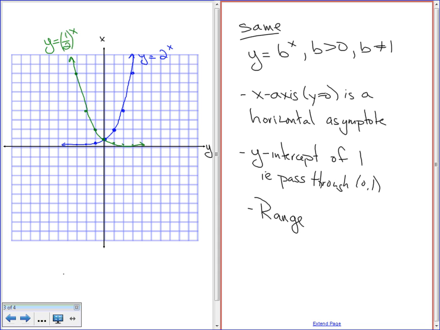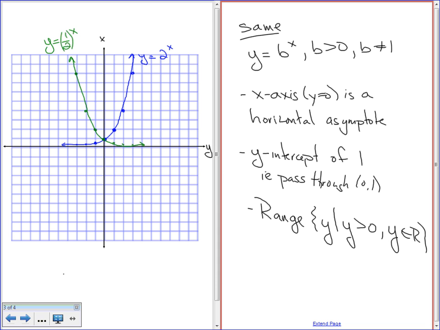So to say that, the range would be y such that y is a number greater than 0, and y can be any other number. So that's just a mathematical way of saying that y is always positive. What else then? Now we're on that kind of topic.